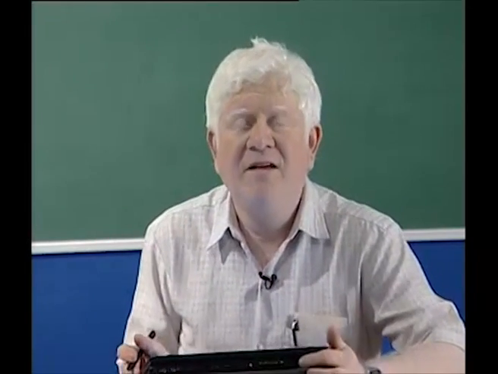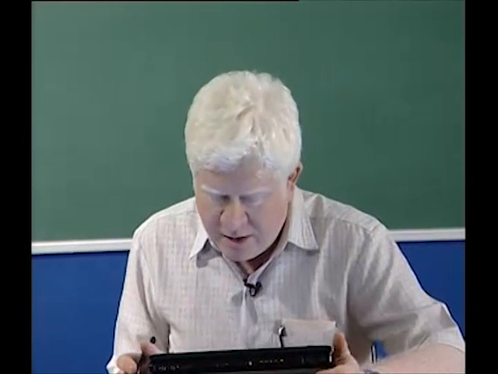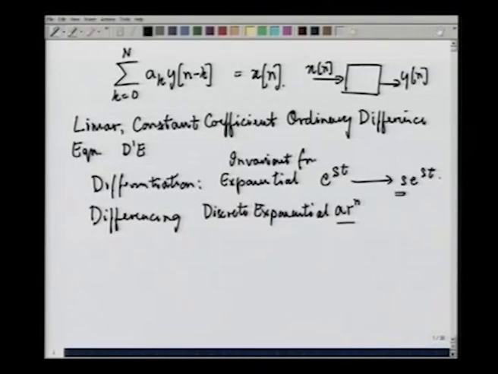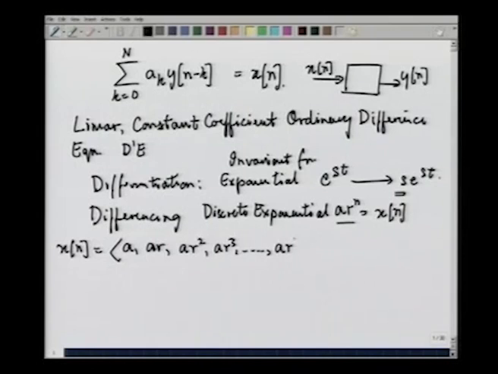So, let us take a typical discrete exponential sequence. If it is of the form a r to the power n, that is to say, if this is what we call x n, then the sequence of members of x n would be of the form a, a r, a r squared, a r cubed and so on, a r to the power n and continuing endlessly.